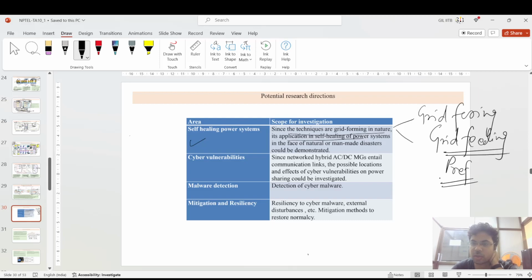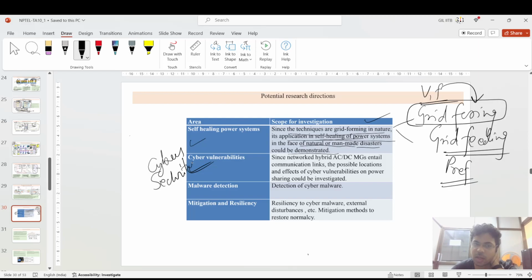Grid feeding mode takes the P reference as one of the parameters in the control strategy, but grid forming takes the voltage and the frequency into consideration for forming the grid itself. So what are the multiple techniques? That is one of the research areas. Its application in a self-healing power system facing natural or man-made disasters could be demonstrated.